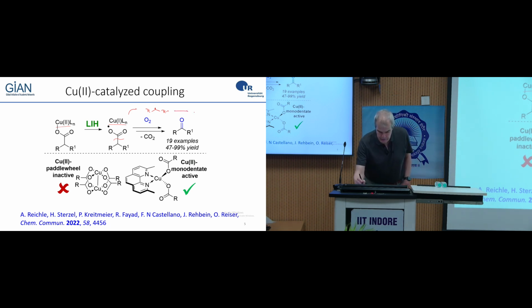and this radical traps oxygen very efficiently. So you get this, and then, since you have copper 1 here now, your copper 1 will coordinate with this peroxyl radical, and in this way it becomes copper 2 again.